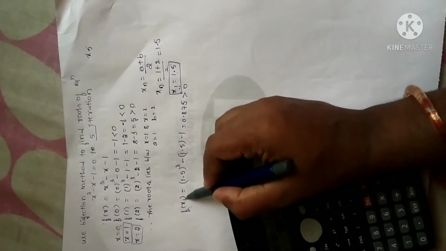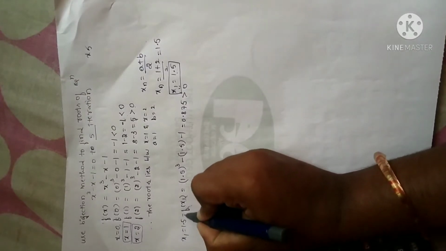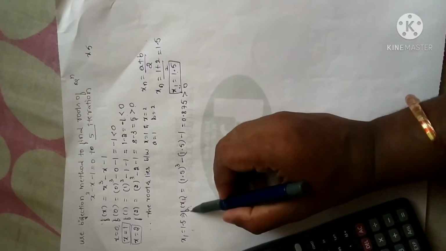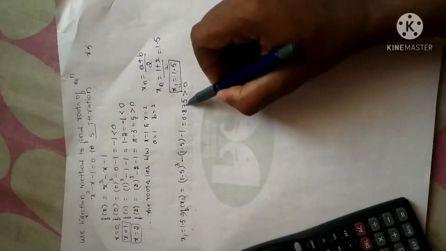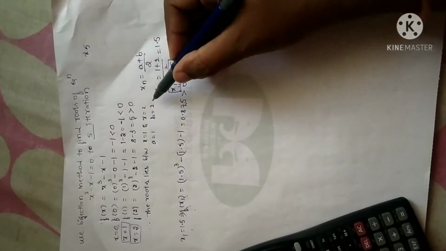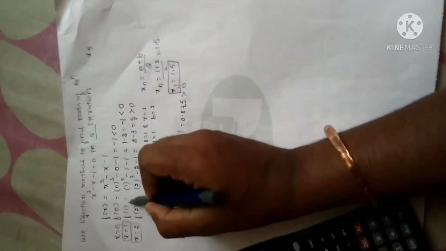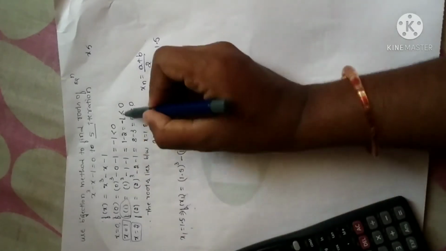Now this is f of x1 when the value of x1 is 1.5. So when you put x1 as 1.5, you will get a positive f of x value. Now check for the previous value for which f of x is negative. In the previous step it is positive. Go through one more previous step, it is negative. So f of 1 value is negative when x is equal to 1.